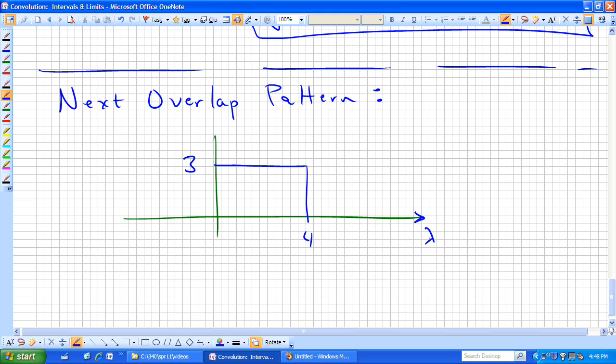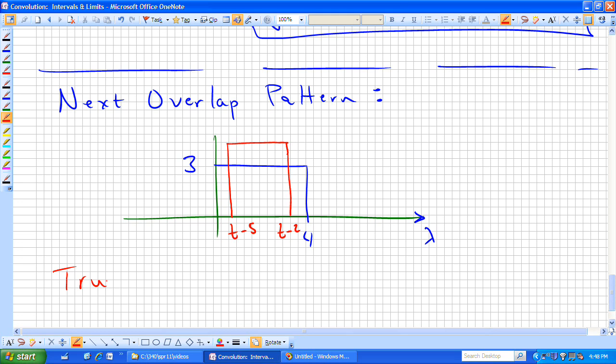X of t minus lambda has changed, and remember the width of x of t minus lambda, that went from 2 to 5, so it has a width of 3, and that means then that the next pattern that we will see is when t minus 2 remains less than 4, and t minus 5 just starts to go through lambda equals 0.